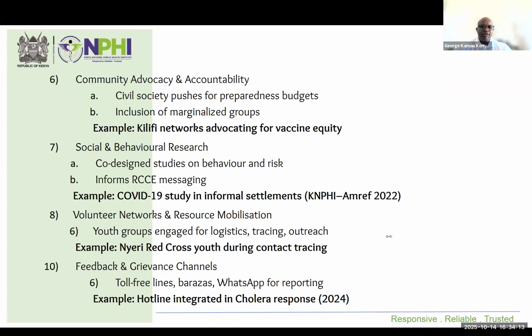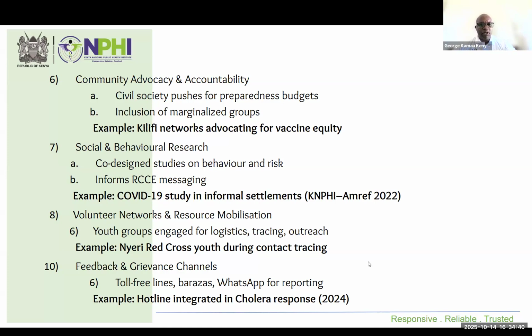So on community advocacy and accountability, we have the civil society working with us. We have synergy with the civil society, where they're able to push for budgets, where we have budget cuts from the exchequer, and for inclusion of marginalized groups. An example is where Kilifi Networks was advocating for vaccine equity, which came in handy, and we were able to get that agenda.